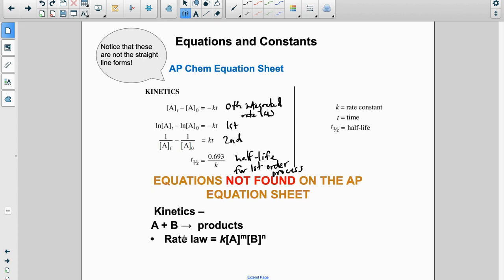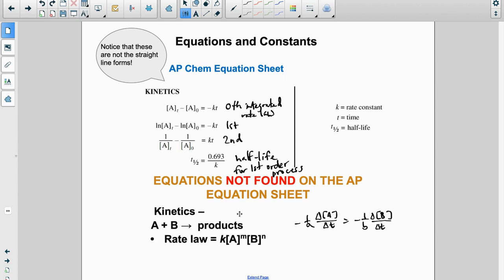But these other rate laws are not on the equation sheet. Neither is the relationship between the coefficients and the rates, so the relationship between products and reactants, or between reactants and reactants, is not on the equation sheet.